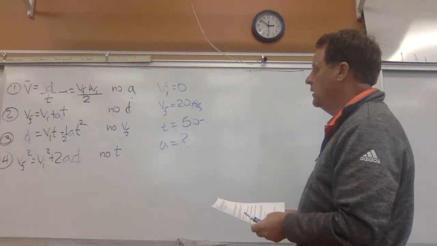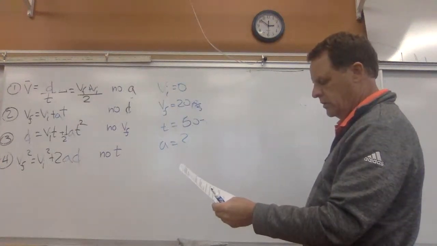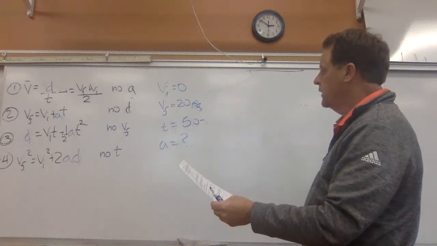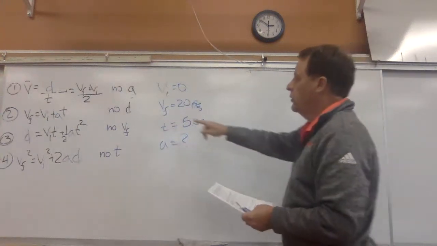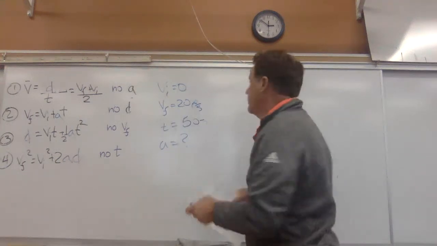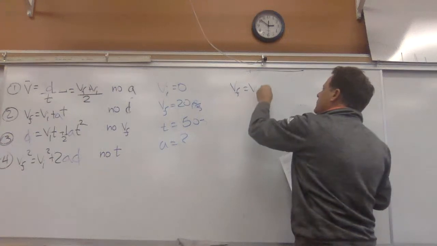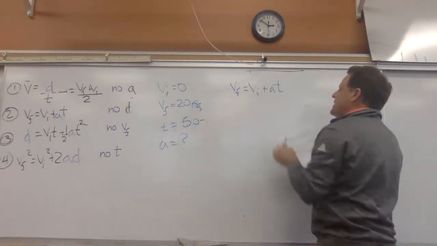Sorry, we're going to use equation number 2. So we're going to say V final is equal to V initial plus AT.